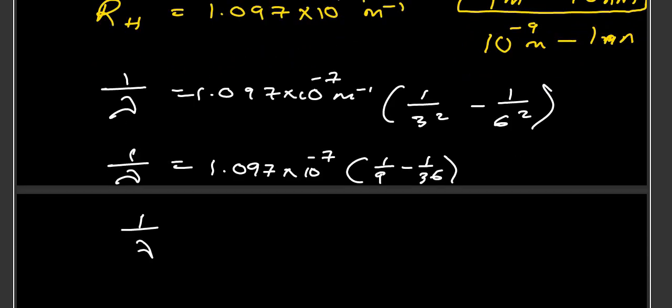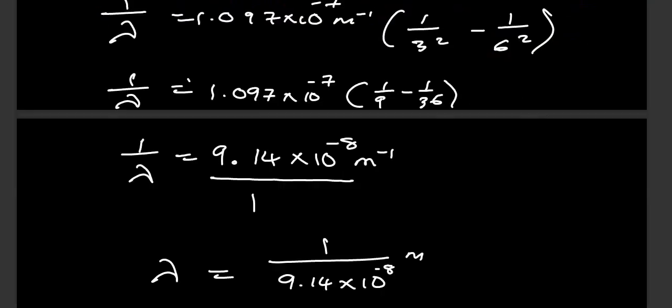You said 1.097 times 10 to the power negative 7, then open bracket, 1 over 9 minus 1 over 36. Please make sure of the number of zeros. Let me just try and make it.